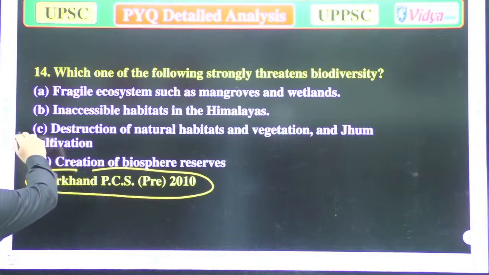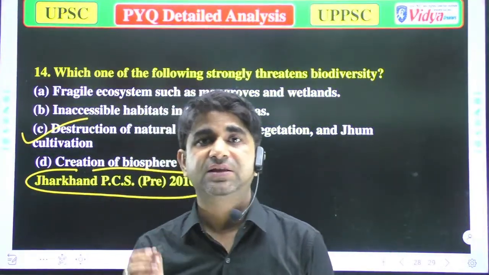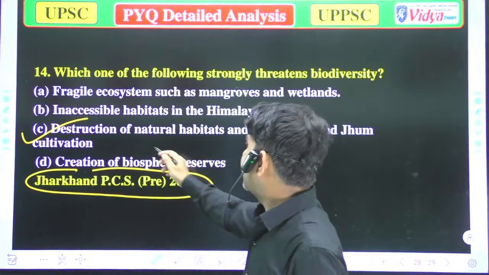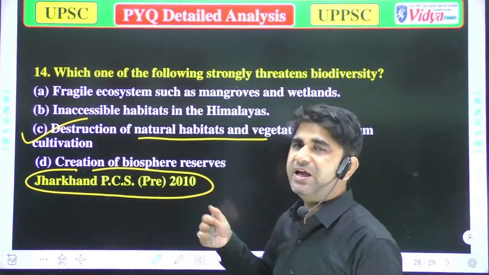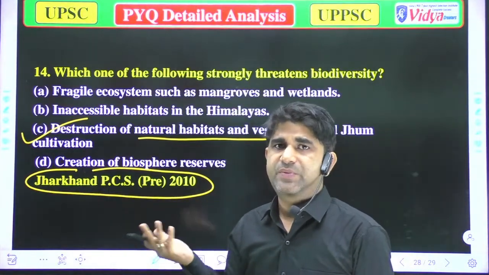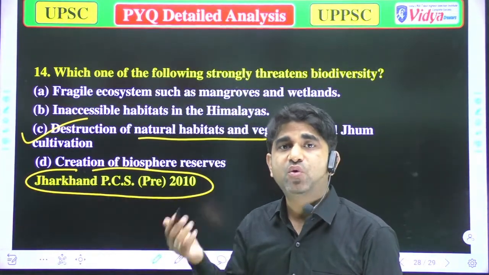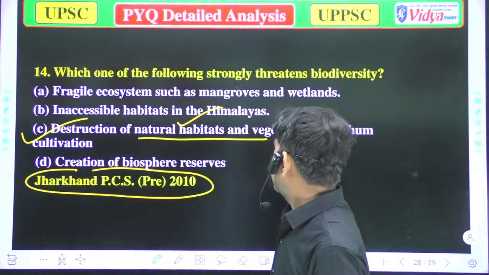So option D will be the incorrect one, because when there is destruction of natural habitats in any ecosystem or area, there will be no life and no variation in that area. That will also affect the vegetation.